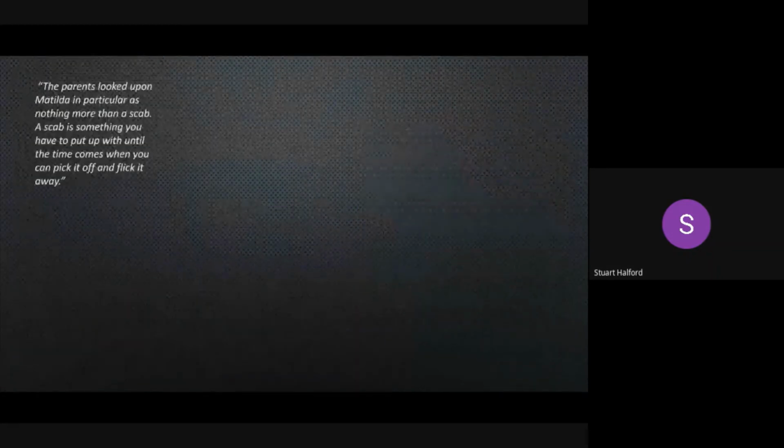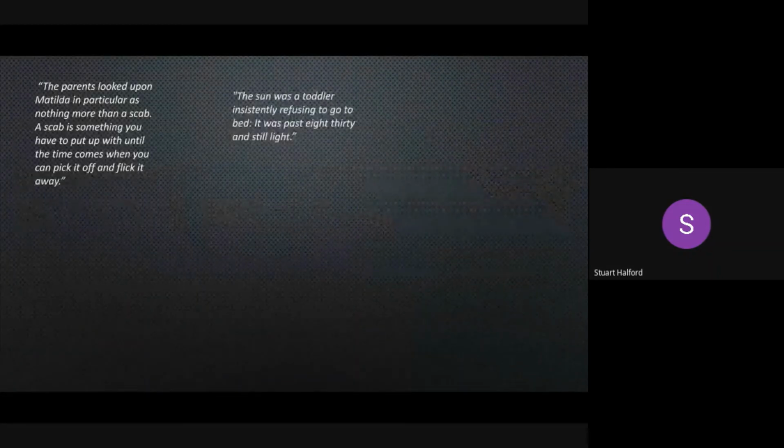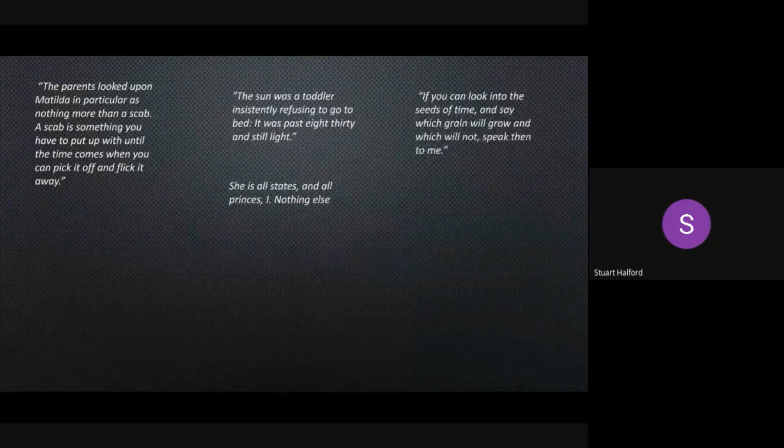Here then are a few metaphors, some literary ones to start with. The parents looked upon Matilda, obviously from Roald Dahl's Matilda. So Matilda here is being described as a scab, and a bit of an elaboration of how they perceived Matilda. Son was a toddler.